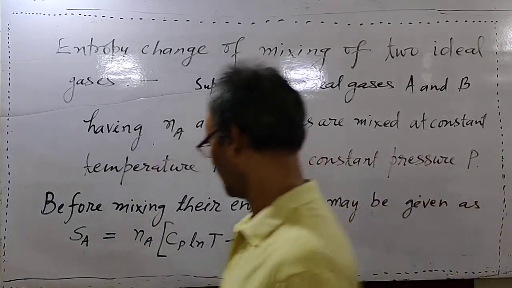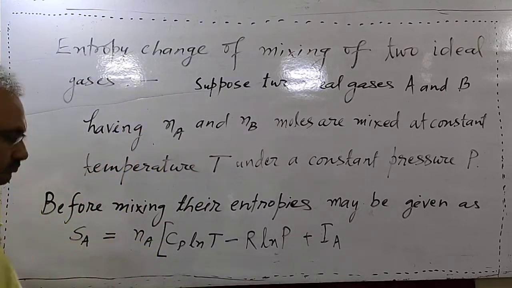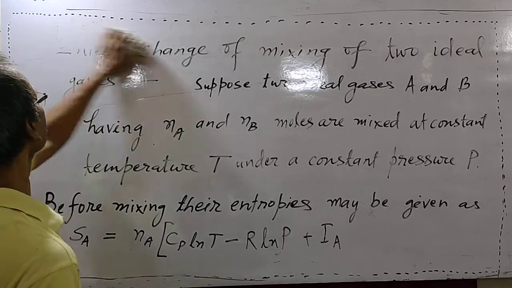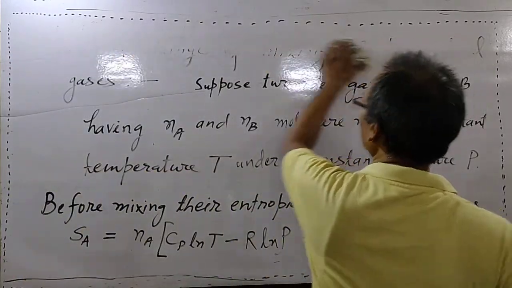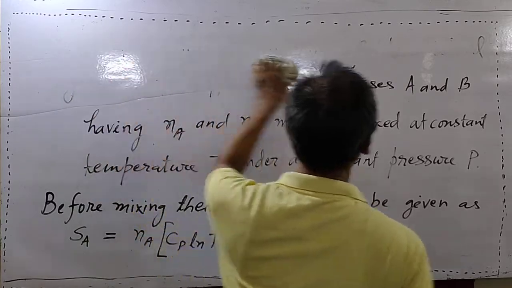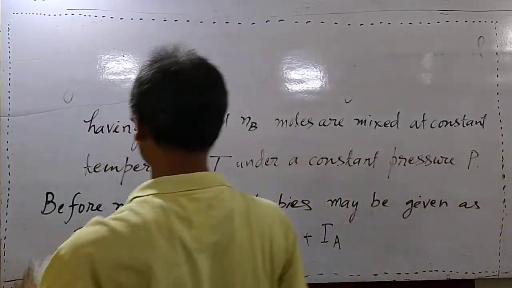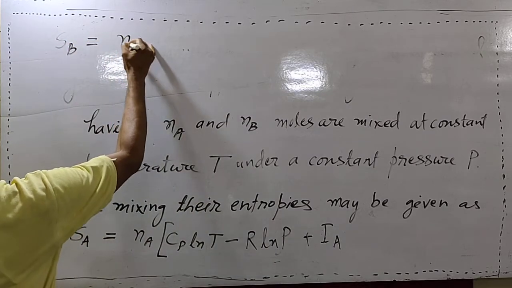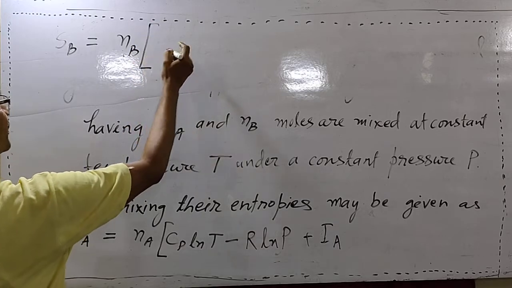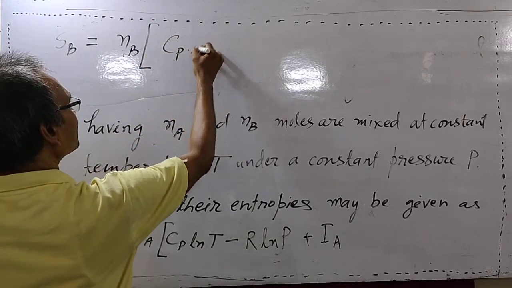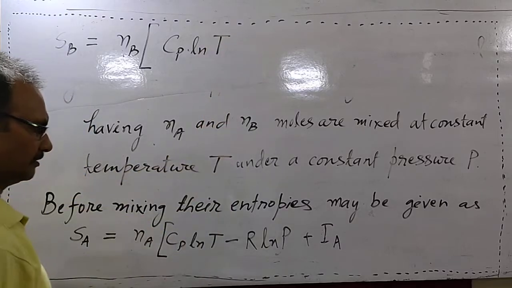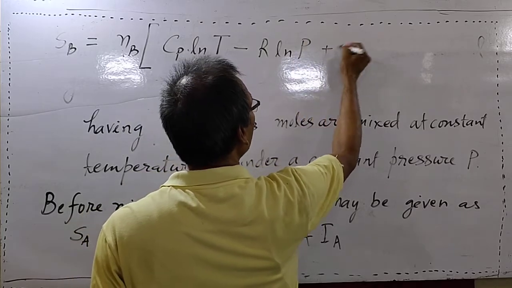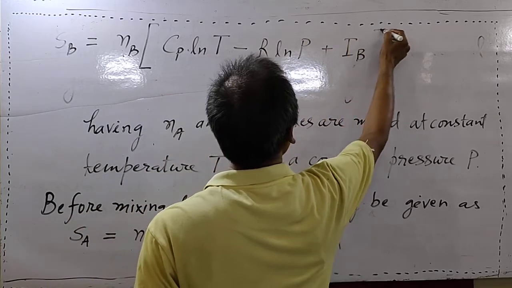And SB will be equal to NB into Cp ln T minus R ln P plus IB.